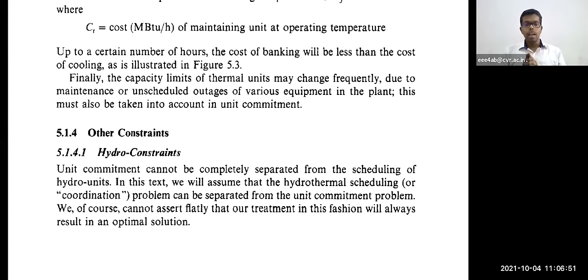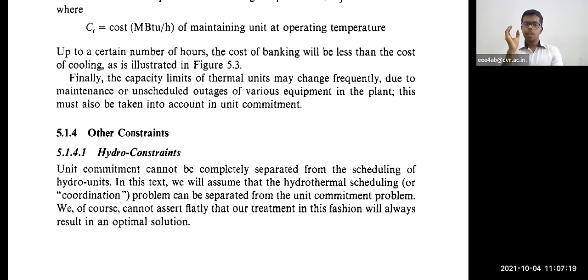The hydro constraints. What are hydro constraints in the sense? The unit commitment problem cannot be completely separated from the scheduling of hydro generating units. Why am I speaking more on the thermal generating units? You might think, why is sir speaking more on only thermal generating units?